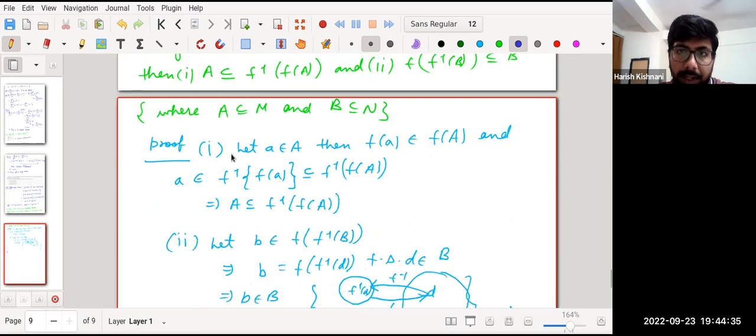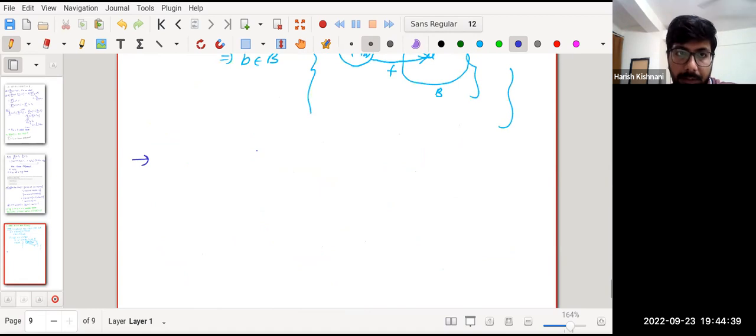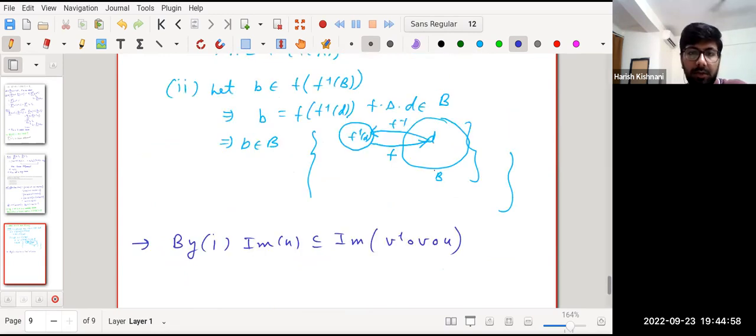Just from here you have by one, image of u contained inside this image of v inverse v o u, right? Because you take your a to be image of u.